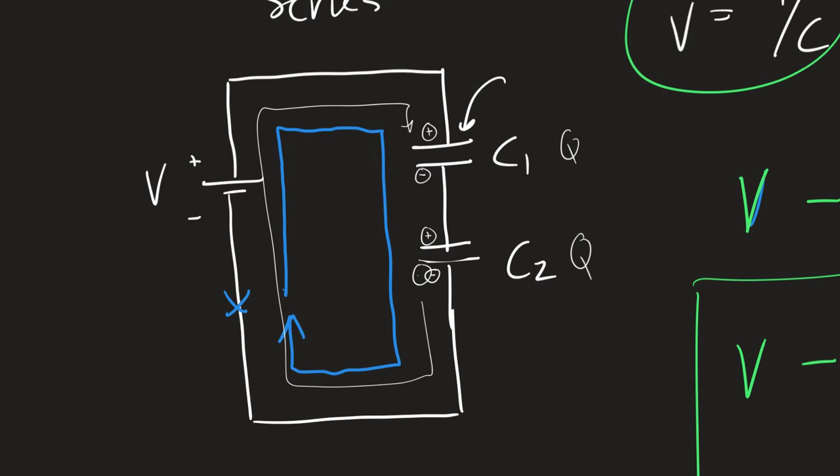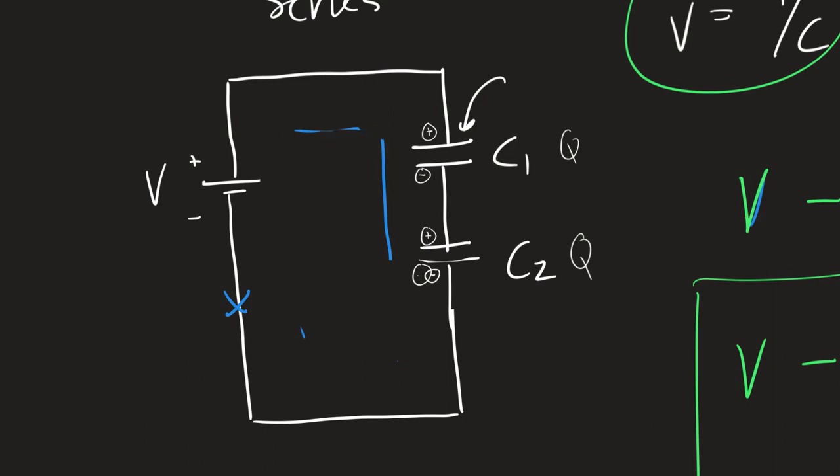If once the system was charged up, I cut the cables here, those capacitors would retain their charge, and they would each have the same amount of charge. The total charge then would be 2Q amongst both capacitors. That's true. But the potential difference didn't move 2Q worth of charge. The potential difference only moved 1Q worth of charge.